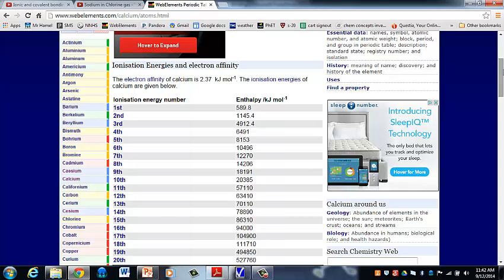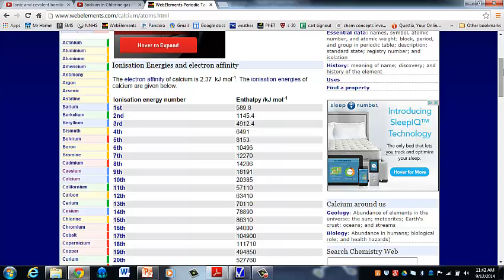But its first ionization energy is 600. The second one is 1100 something. But then when we go to the third electron, it takes 5 times as much energy to remove that one. So those first 2 ionization energies are small enough that they can be overcome by the lattice energy.